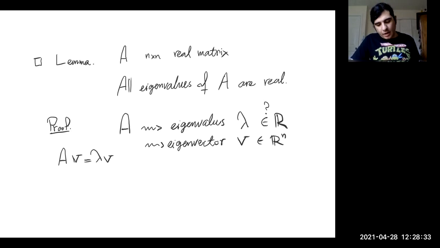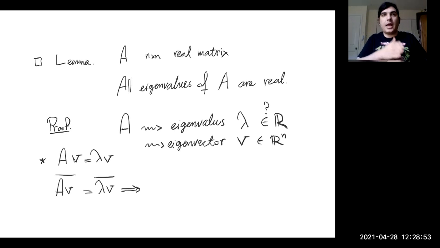So this is what we know, right? Now you did a similar technique in the homework. You can take the complex conjugate of everything. So you can apply the complex conjugate on both sides of the equation, right?